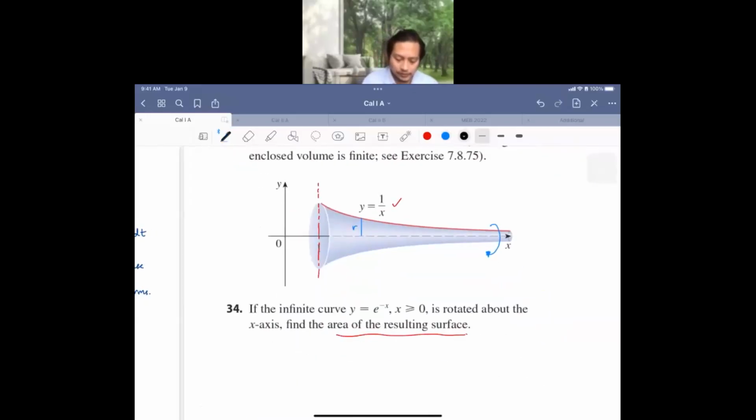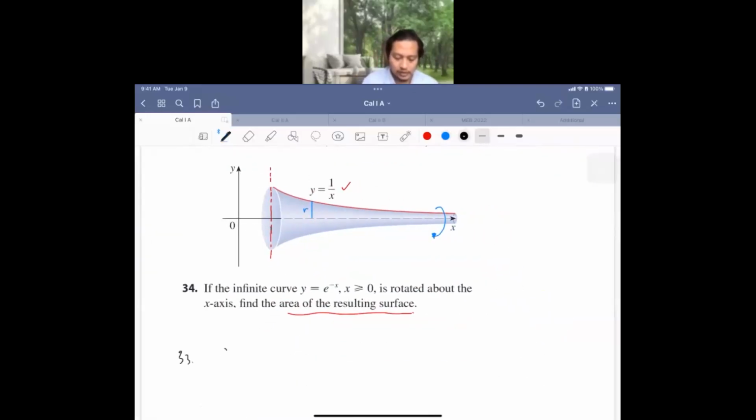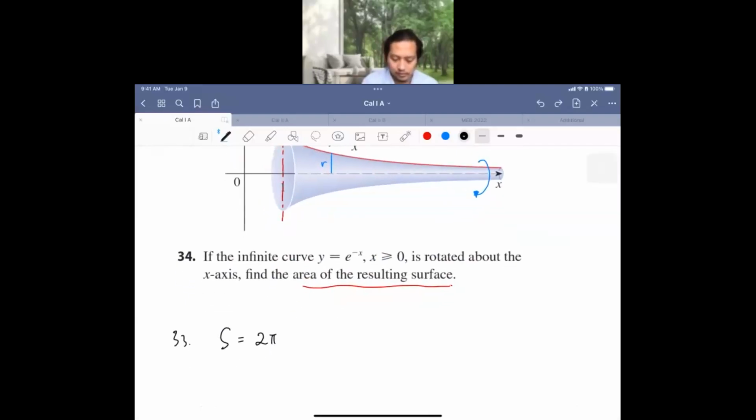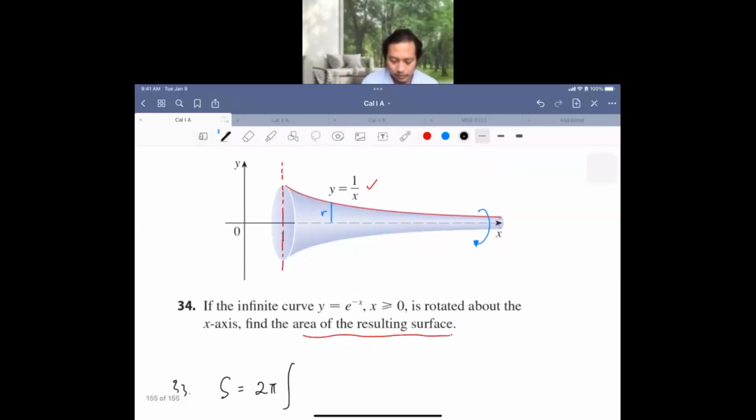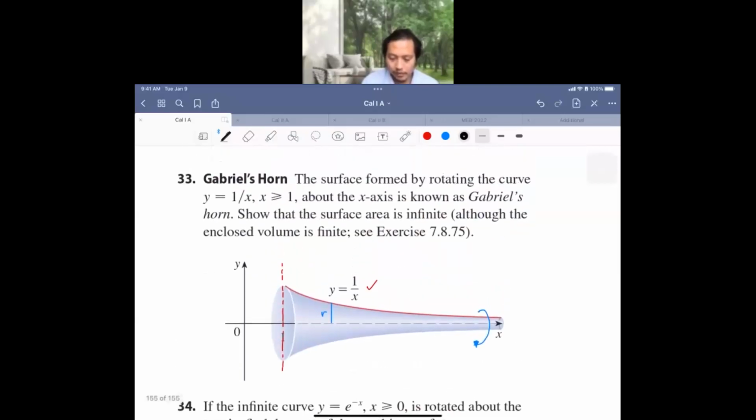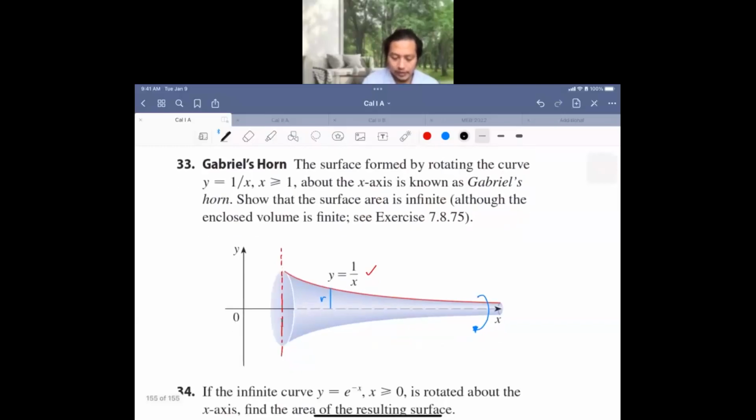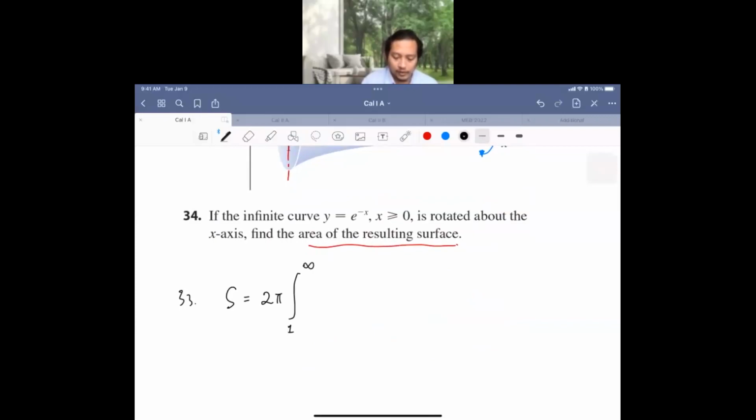Okay, so we can write the surface for number 33. The surface is 2 pi, integral from 1 until infinity, and the radius is y, and it has the arc length.